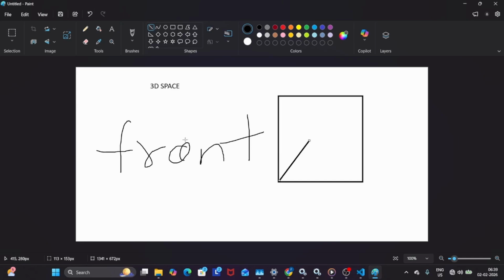Same on the back side, z would be fixed, but it would be positive. At front it is negative z, then at back positive.